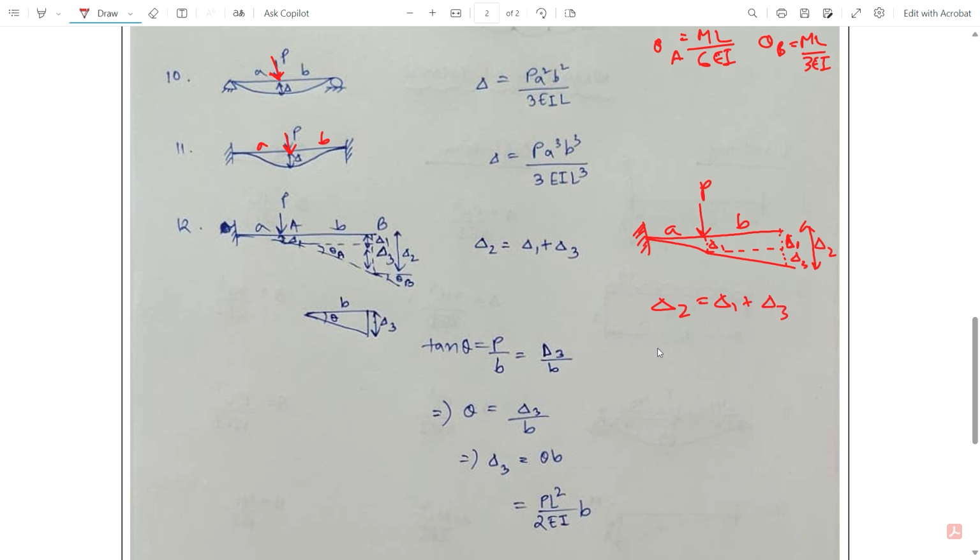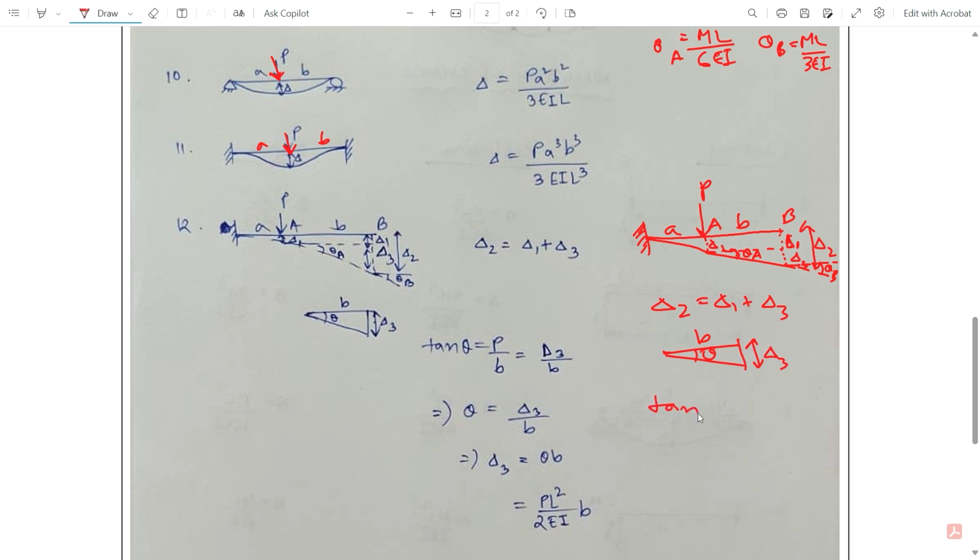Okay, now take a point: this is A, this is B. This is the slope, theta A, and if I extend this, this is theta B. The theta is here, this is the base B, and this is del 3.